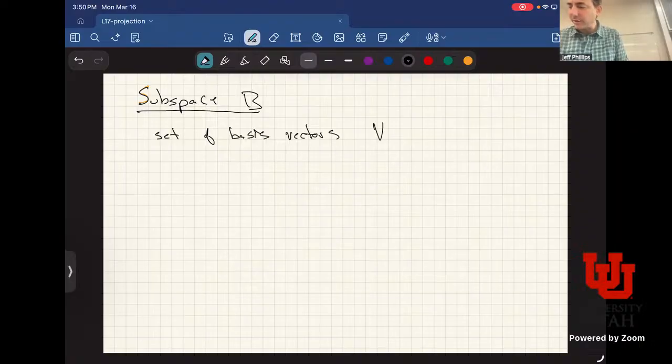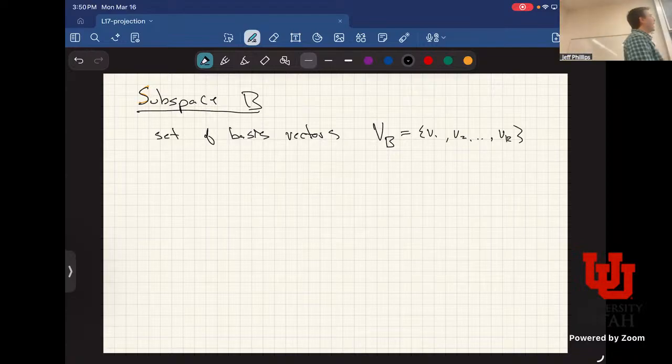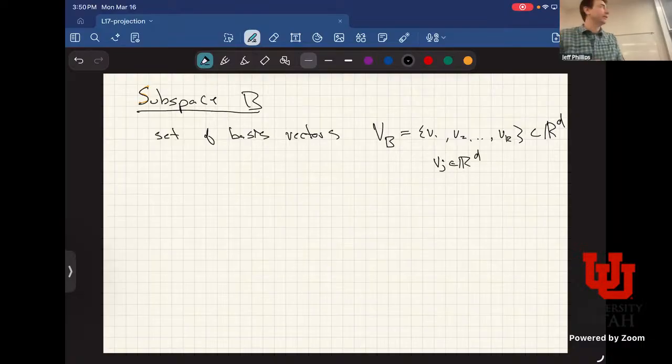We're going to call this V sub B, to describe this. And it's going to be a set of V1, V2 up to VK. Okay, so each Vj is going to be an element of Rd.